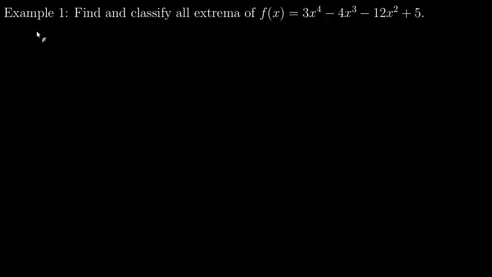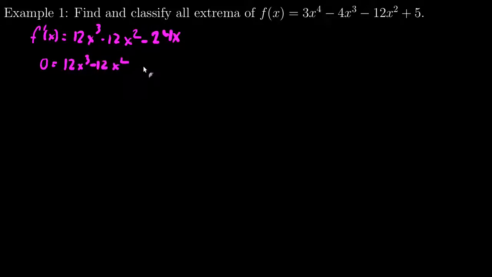So the first thing we're going to do is take the derivative, which will be 12x cubed minus 12x squared minus 24x. I'll set that equal to 0. And this is a nice one, it factors pretty easily, so I can factor out a 12x, and I'll be left with x squared minus x minus 2.